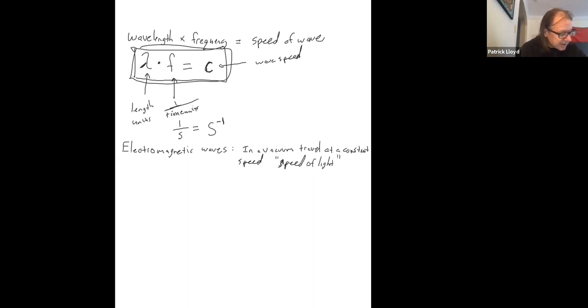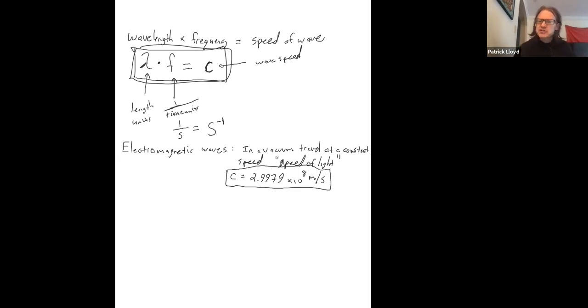And the value is approximately 2.9979. It's actually measured out to like 9 significant digits, but I'm just putting the first 5, times 10 to the 8th meters per second. Okay. That's called the speed of light.